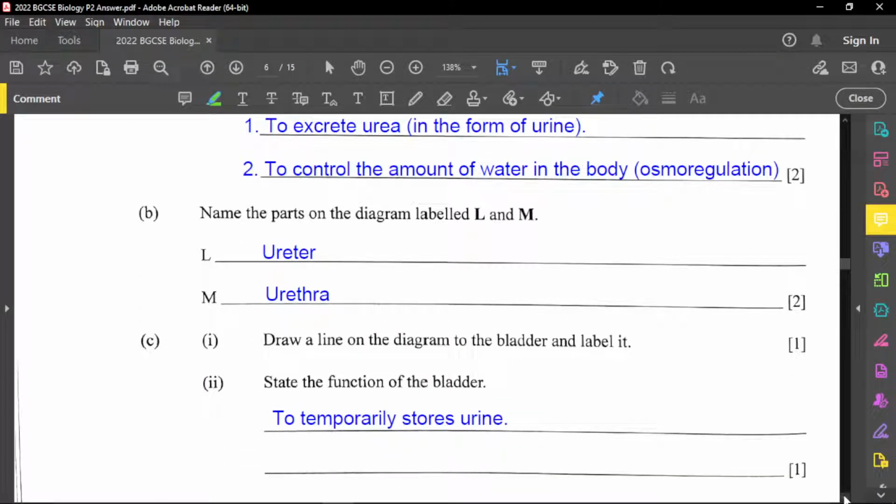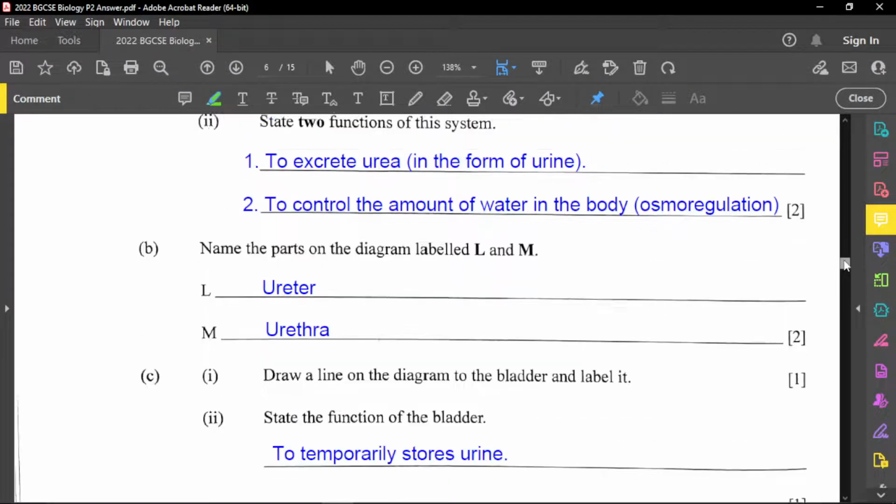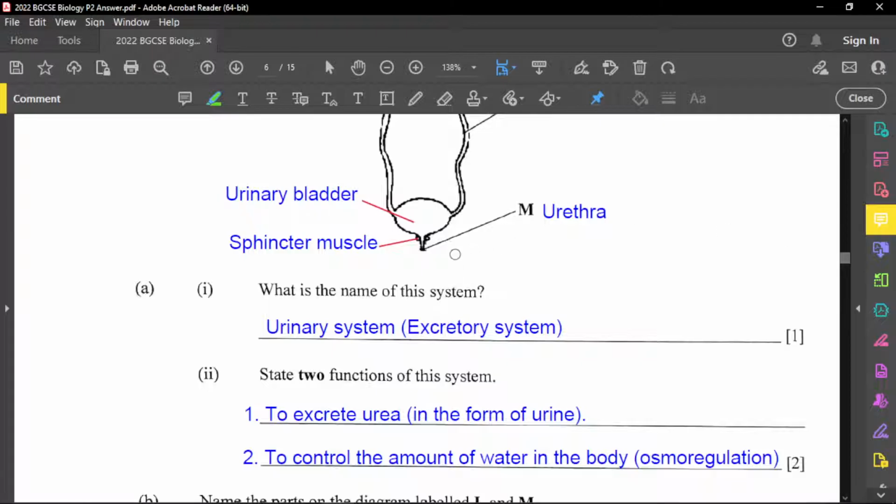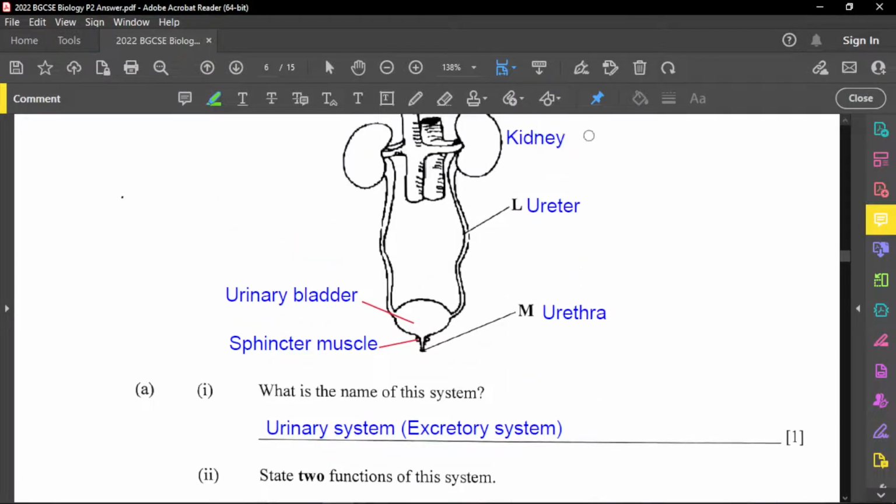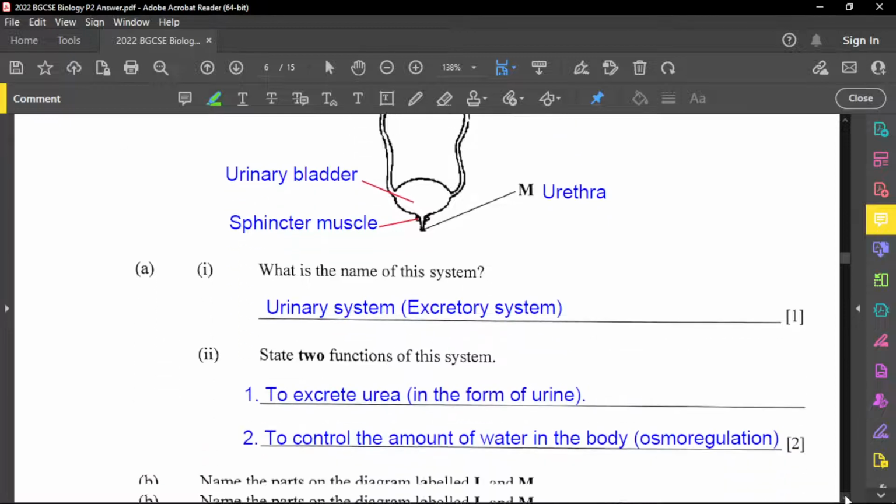Part B is to name the parts of the diagram labeled L and M, and L is a ureter and M is a urethra. So notice M is the last one leading out of the body, so that's the urethra, and the ureter, which is L, comes from the kidneys into the urinary bladder.